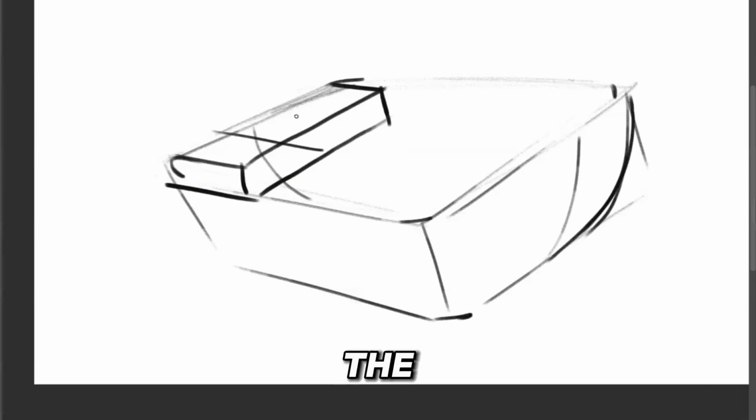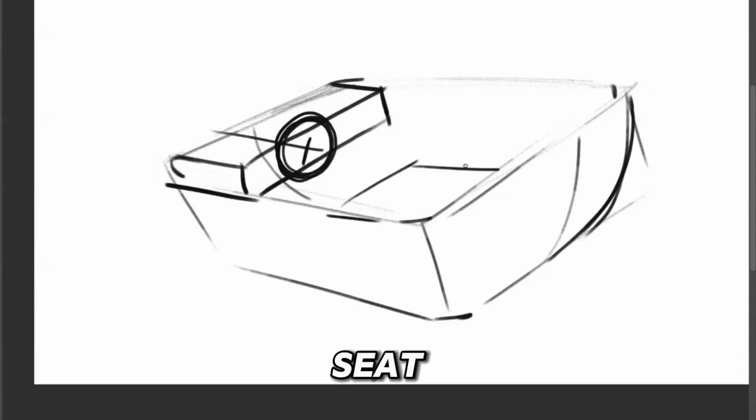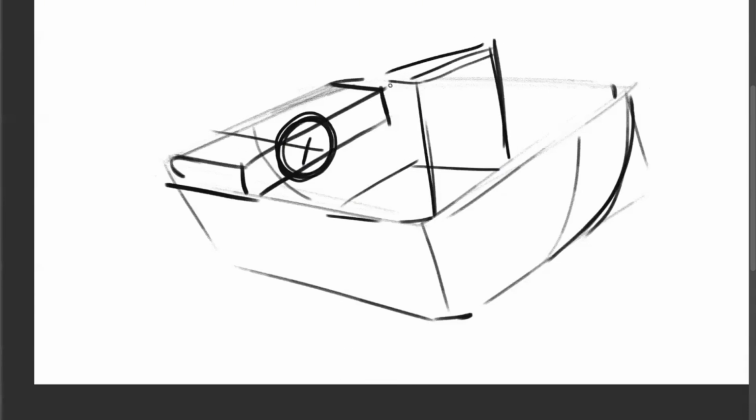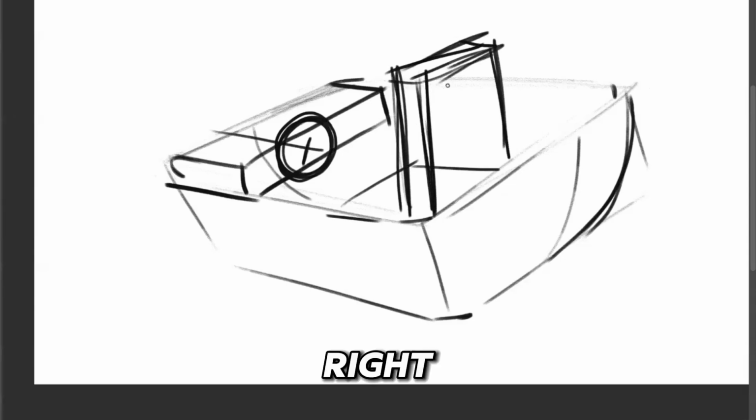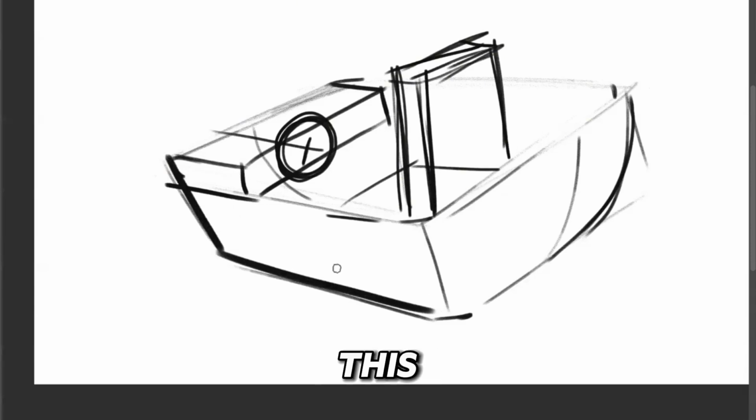And then we're gonna have the steering wheel, which is going to be a circle coming out of here, right? And then you have the seat. Right, so in a simple, very rough shape, this is what an interior looks like, right?